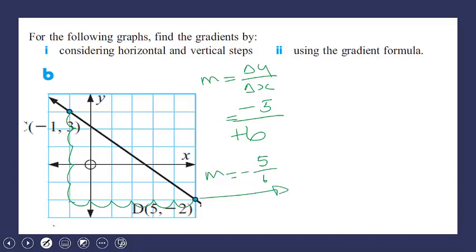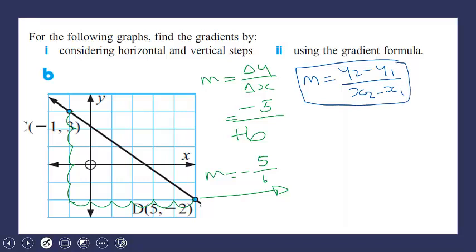Using the gradient formula, I say M equals y2 minus y1 over x2 minus x1. You always write the formula first before you do your calculations. If you don't write this, you will lose marks. For every single question, you have to write the formula first. Okay, so that equals, we're going to say C is 1 and D is 2. So y2 is minus 2 minus 3 over x2, 5 minus x1, minus 1.